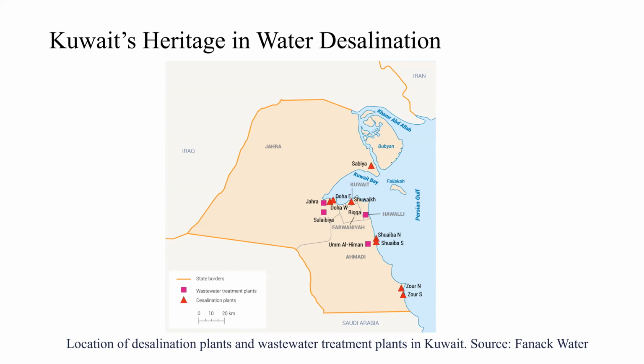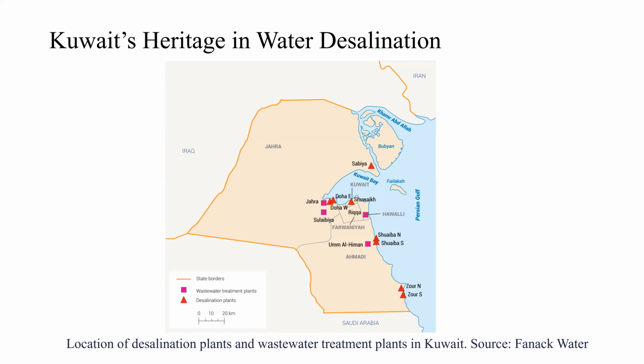So, Kuwait's heritage in water desalination. Kuwait in 1951 became one of the first countries in the world to commission MED, multi-effect distillation, for drinking water production. The first plant was in Shuwaykh, as you see at the top. And in 1960, it was replaced with MSF.